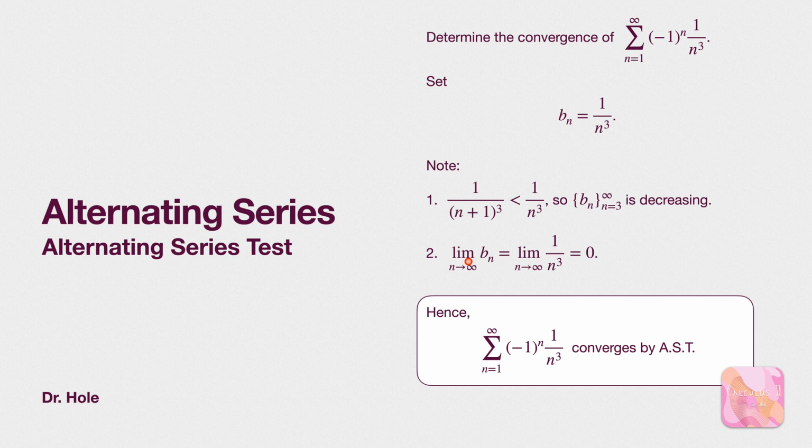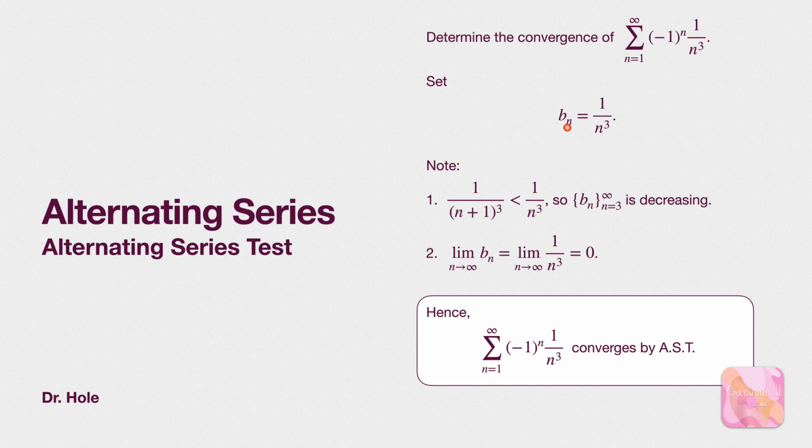So second is that the Bn's will limit to 0. These are the 2 conditions required by AST. They're both satisfied. So we conclude that the given alternating series converges, and the method by which we verified is AST. Beautiful.